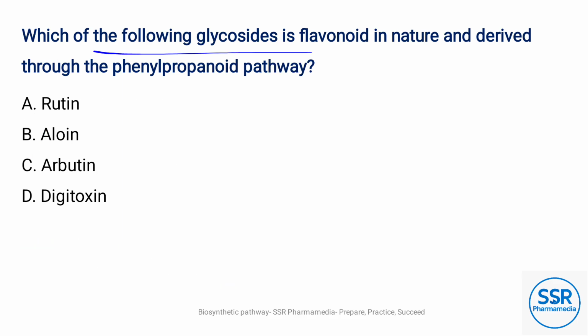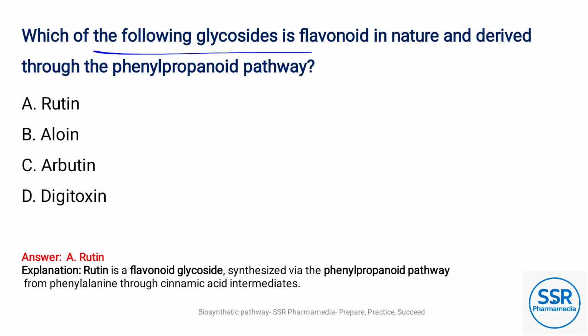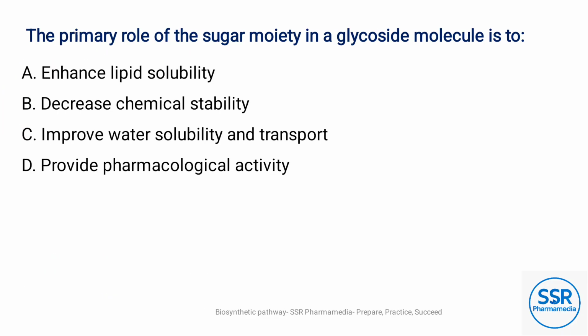Which of the following glycosides is flavonoid in nature and derived through the phenylpropanoid pathway? So option A, rutin. Rutin is a flavonoid glycoside synthesized via the phenylpropanoid pathway from phenylalanine through cinnamic acid intermediates.